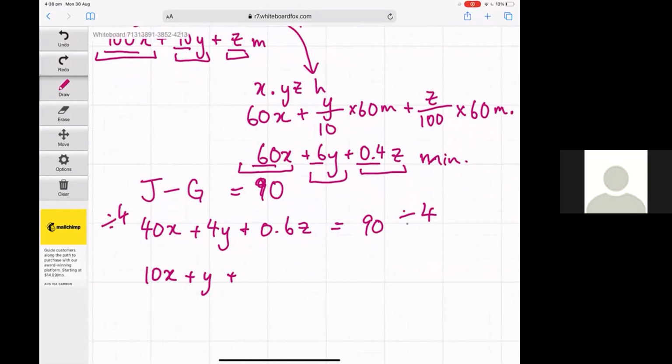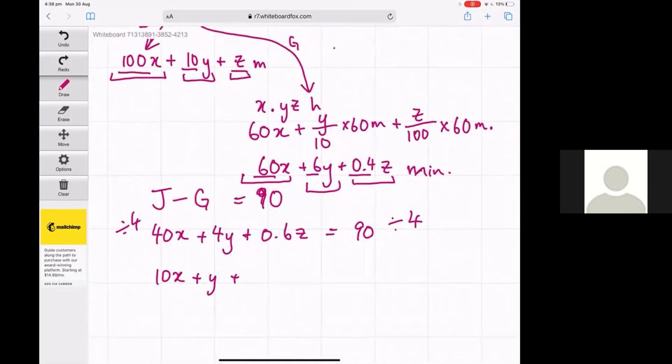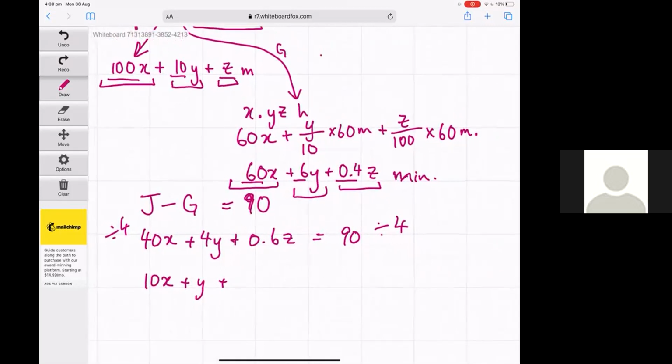I think I did something wrong earlier: it's definitely 0.6 for 60 on 100, and so when I do Z minus 0.6Z, I get 0.4Z.